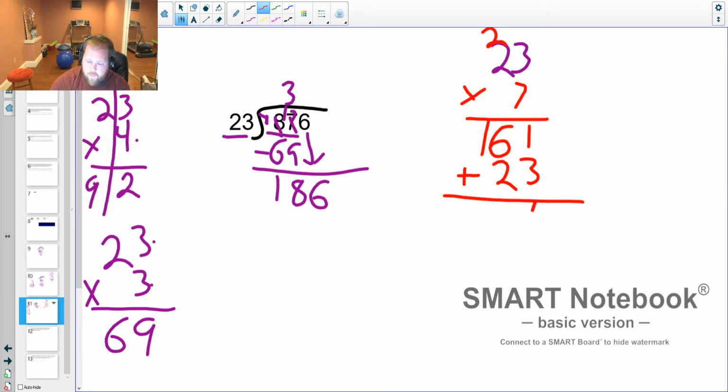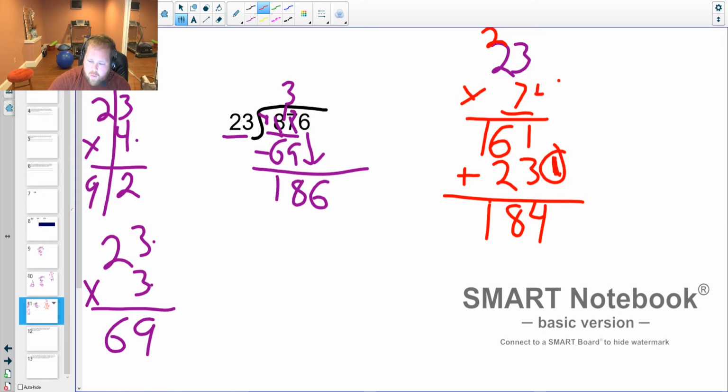1 plus 3 is 4. 6 plus 2 is 8. 1 plus nothing is 1. So 184. We got extremely close. I feel like all of the remainders are 2. Did not do that on purpose. So I'm going to say that I had 7, and I had one more group of 23.